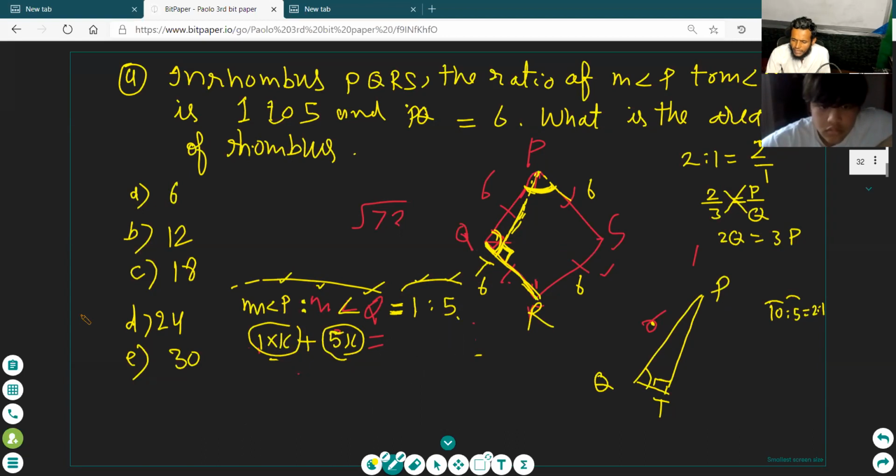Add them. These are supplementary angles, so they add to 180 degrees. Clear? Add them and tell me the answer for x. Find x, and after this you can find the measure of angle P and angle Q.